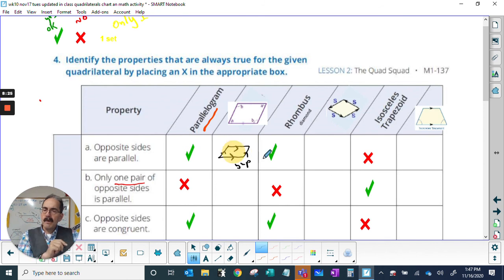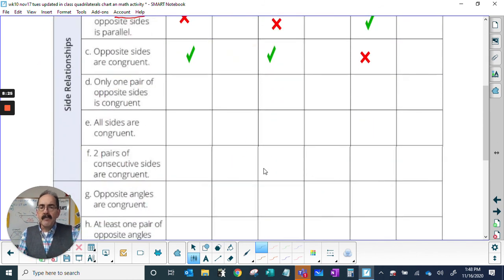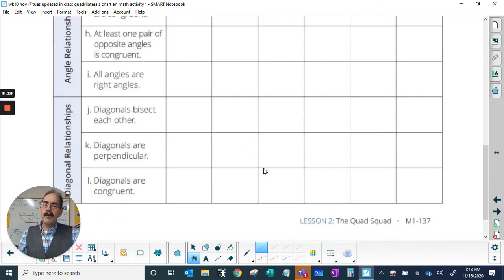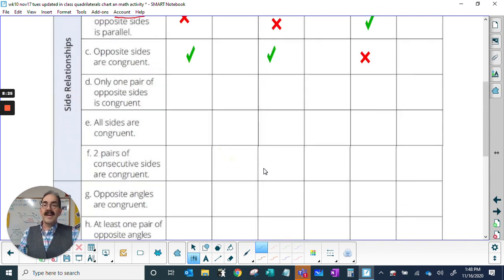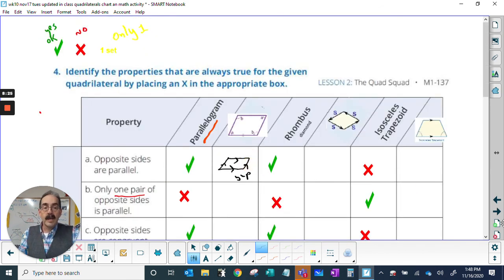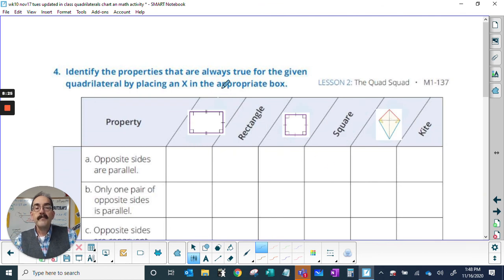That's what we talked about in class today. I would like you to take your practice time to finish filling out this chart. There's 3 on this page: the parallelogram, the rhombus, and the isosceles trapezoid. On page 2, the rectangle, the square, and the kite. Opposite sides parallel.